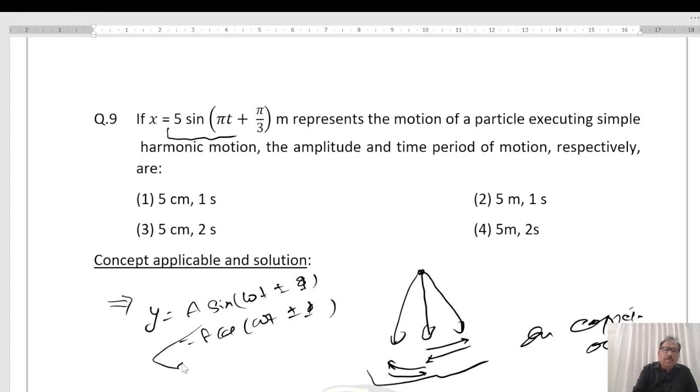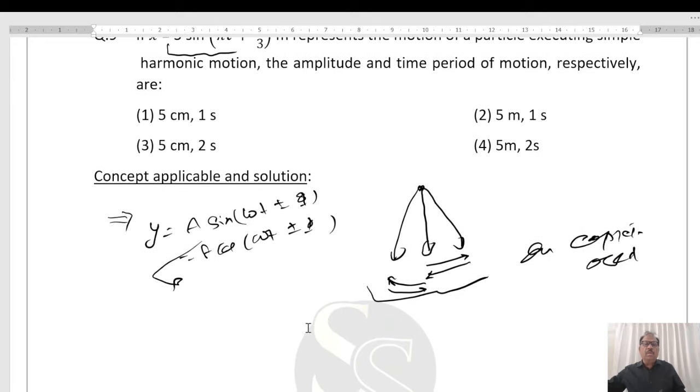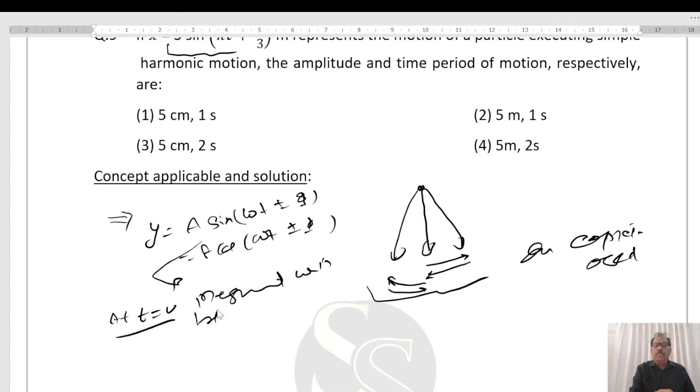We use this one when at t equal to 0 measurement will be from mean position, and at t equal to 0 from extreme position.